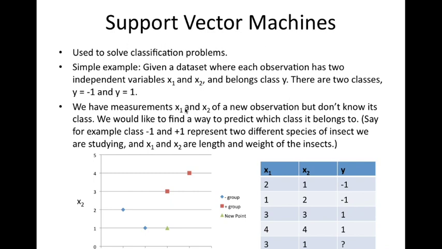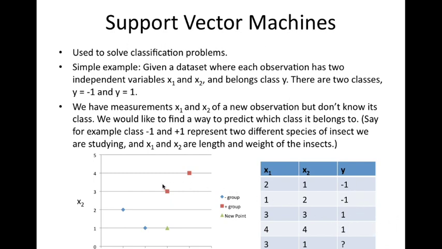So we know x1 and x2 for a whole bunch of training data, things that we already have the y values for. And then we have a new observation where we know the x values. We want to try to classify the unknown y variable as either belonging to the -1 or the +1 group.